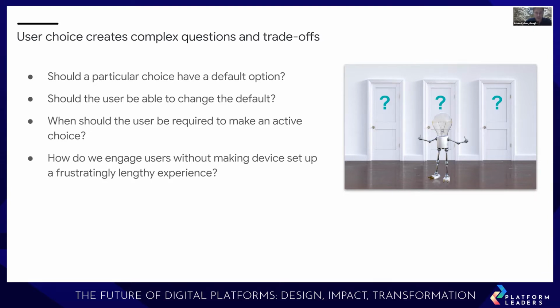This creates an obvious need for us to grapple with questions like, when do we present choice? When is a specific set of choices required? What do you do about defaults? All of these types of decisions have to be made when you're designing technology products.